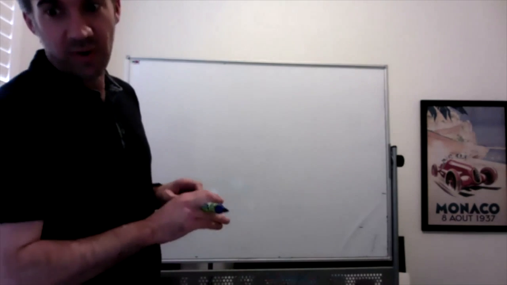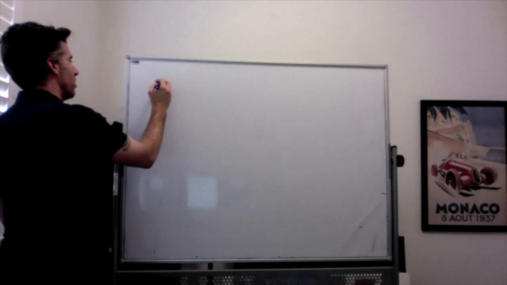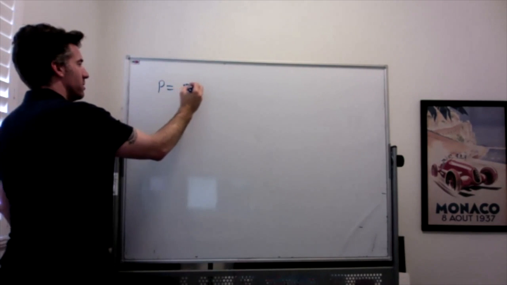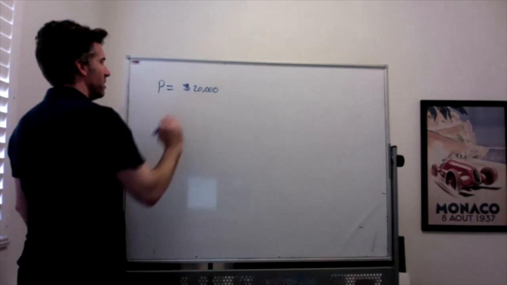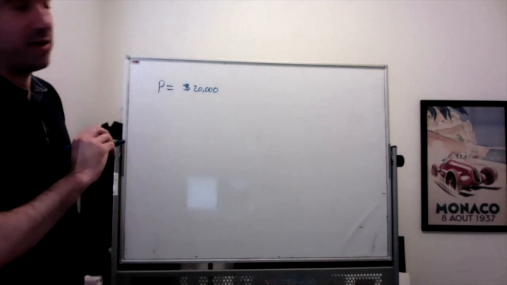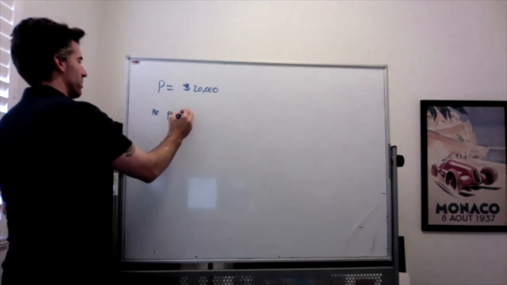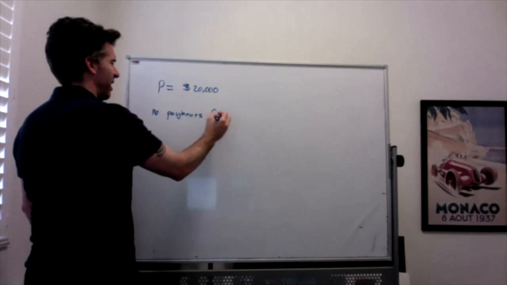So suppose you borrow $20,000 in student loans this year, which I feel like is hopefully a high amount at UC Davis. So our principal is $20,000. And we're going to wait 10 years without making a payment. So no payments for 10 years. Not a great idea, right?